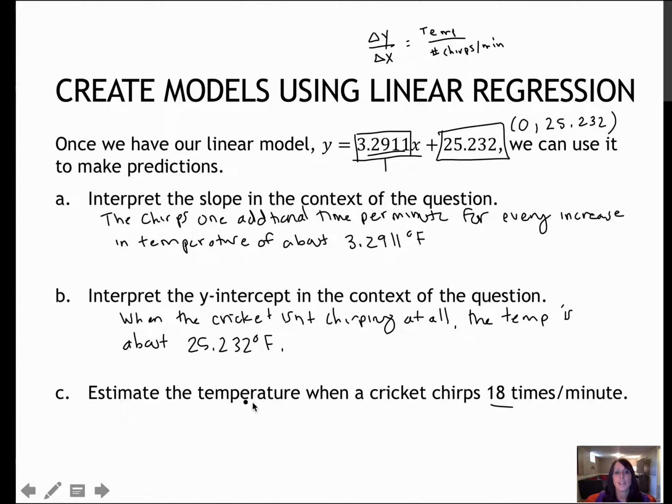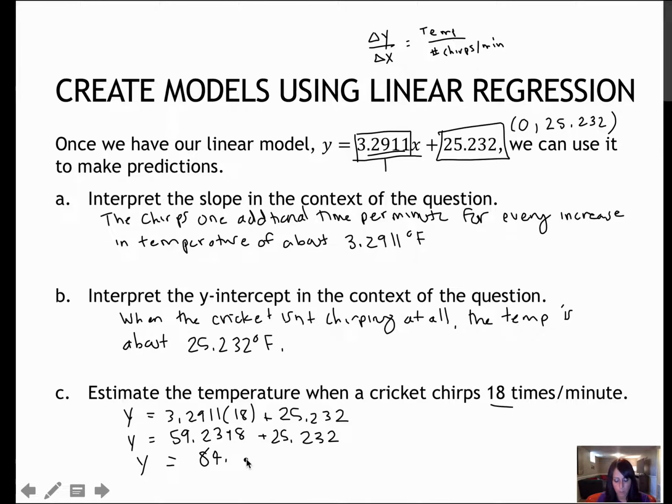So we're estimating the temperature, and we know the temperature was Y. So I'm going to plug that in for X. And so in solving that equation, I find 84.47, we'll call it. So it says estimate the temperature. Remember, that's Y, when the cricket chirps 18 times per minute. So I would estimate the temperature at about 84.47 degrees Fahrenheit.